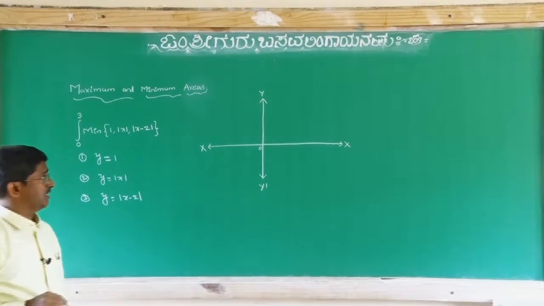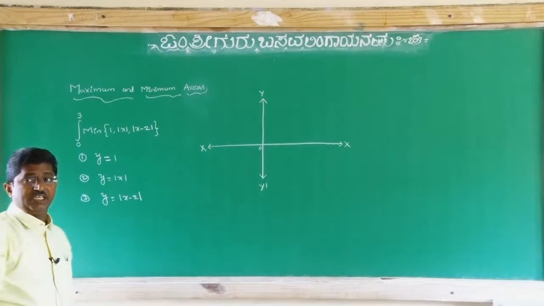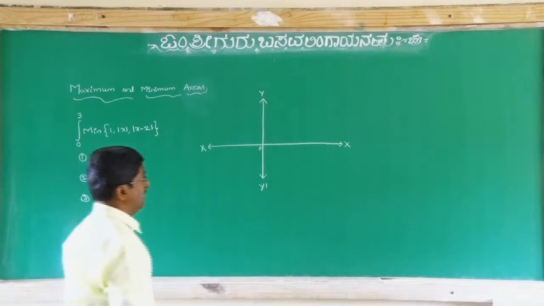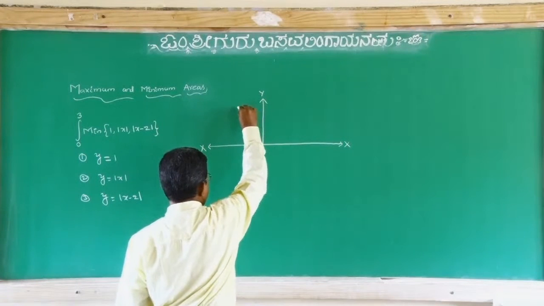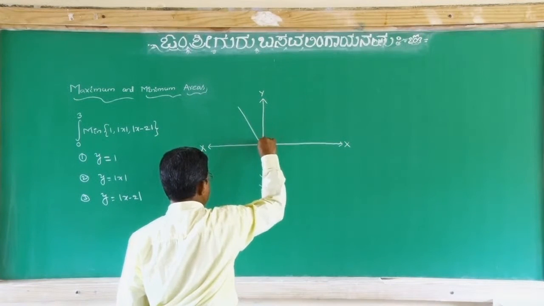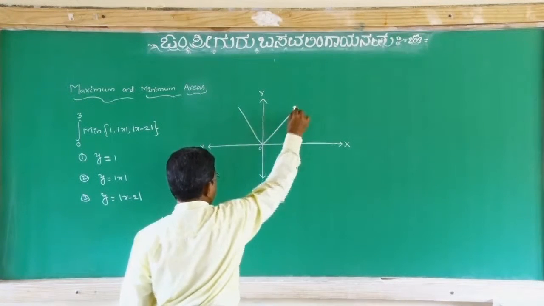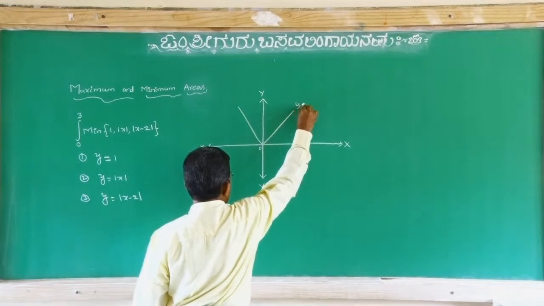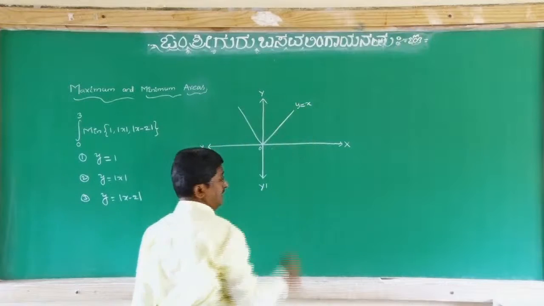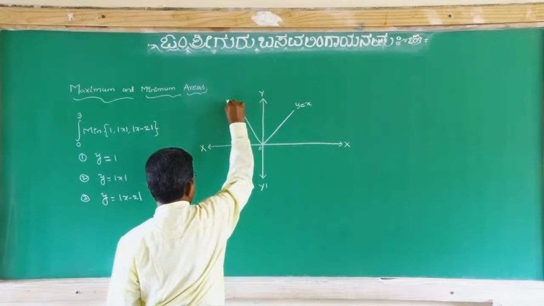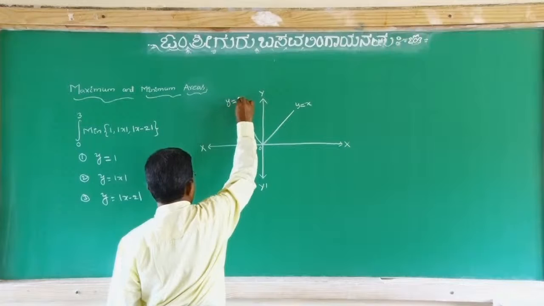First of all, draw the graph of y equal to modulus of x. This graph was already explained. The y equal to mod x graph is this one. So when x is greater than 0, mod x is equal to x. When x is less than 0, mod x is equal to minus x.